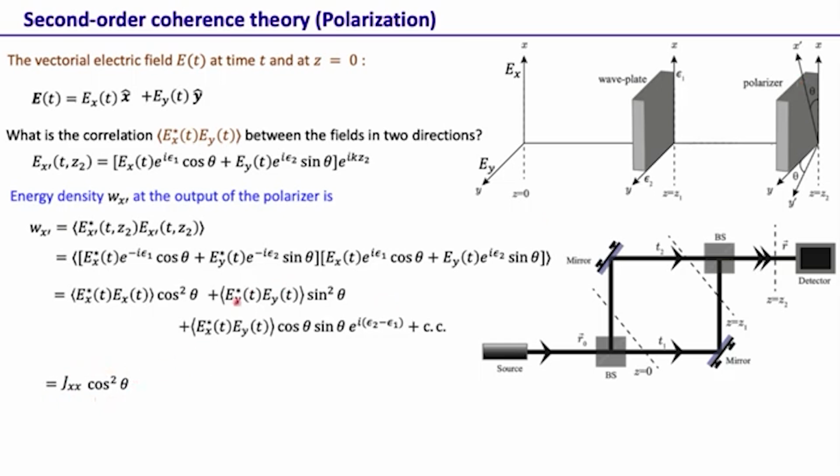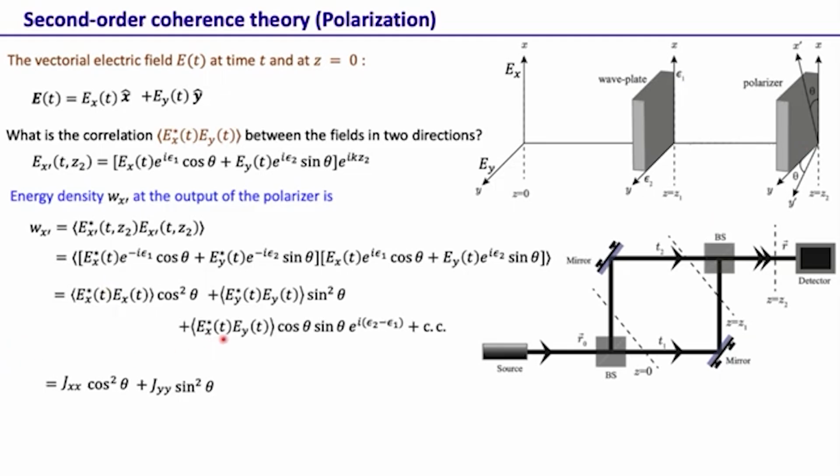Similarly, this E star y Ey, we are writing as Jyy, and that is the intensity at z equal to 0 in the y polarization. And since we have a polarizer here, the intensity that is able to go through the polarizer through y polarization is Jyy sine square theta, because this is 90 minus theta, and so that's sine theta.